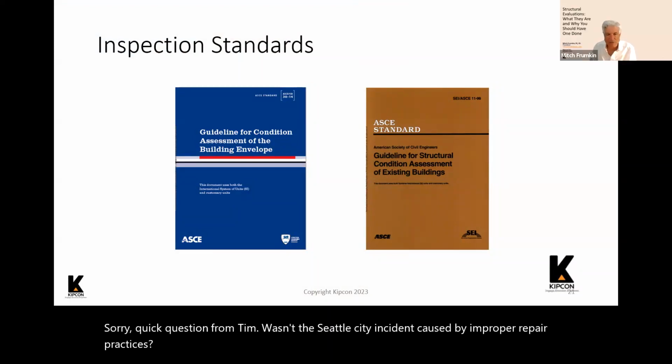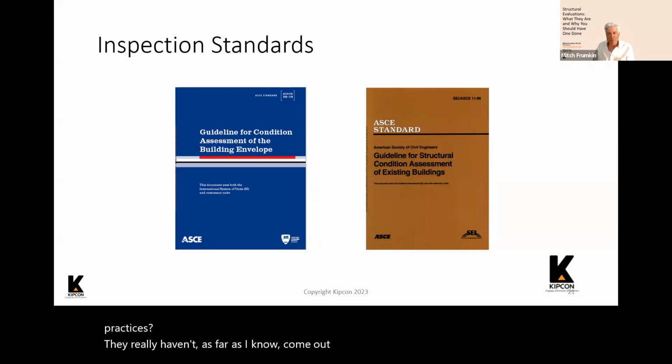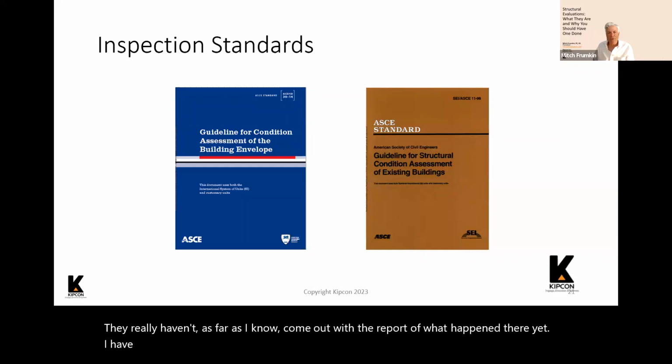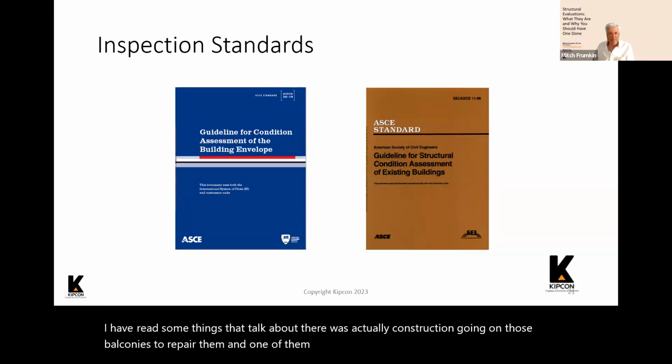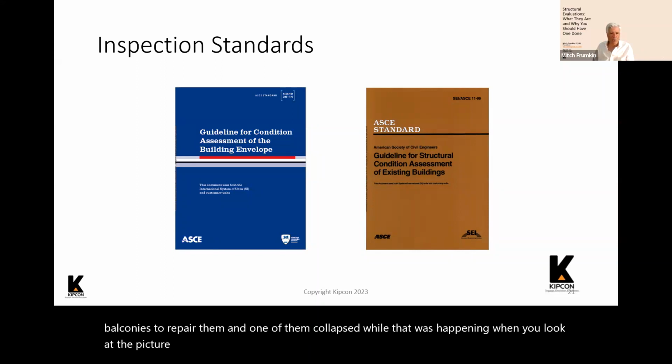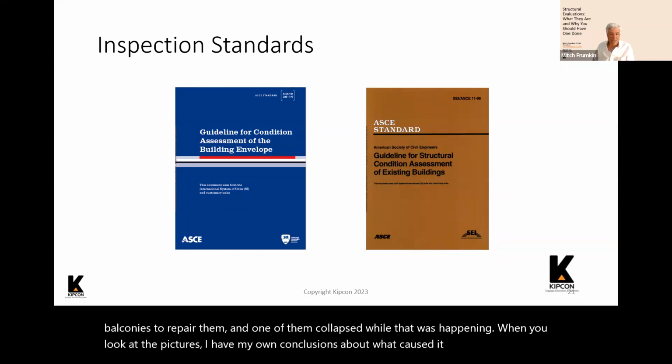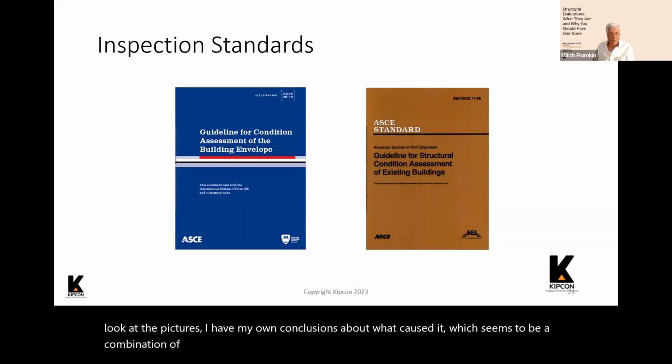They really haven't, as far as I know, come out with a report of what happened there yet. I have read some things that say there was actually construction going on on those balconies to repair them, and one of them collapsed while that was happening. When you look at the pictures, I have my own conclusions about what caused it, which seems to be a combination of the original construction and a lack of maintenance, but the final report hasn't come out yet.